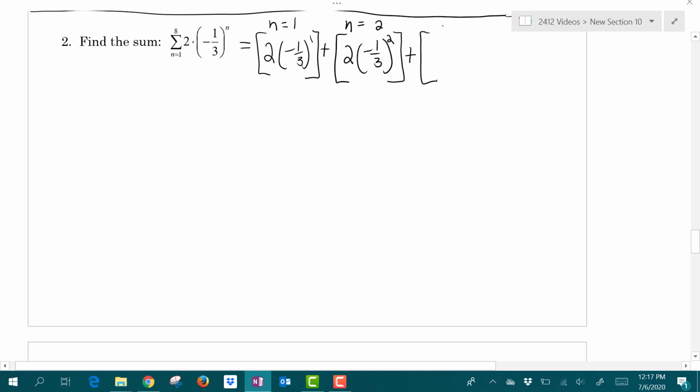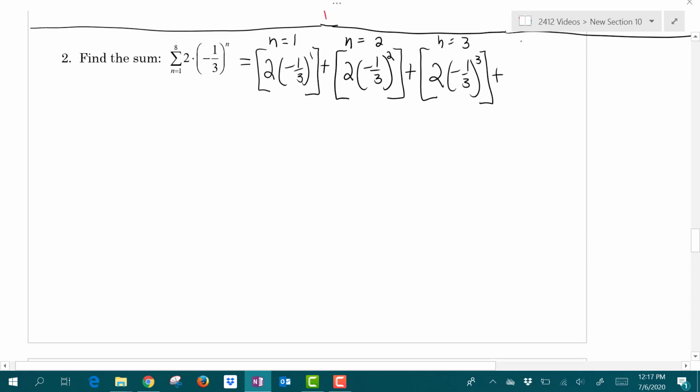Plus, I'm going to set n equal to 3 to find the third term of the sequence. And then n equals 4 to find the fourth term of the sequence. I'm going to stop there.